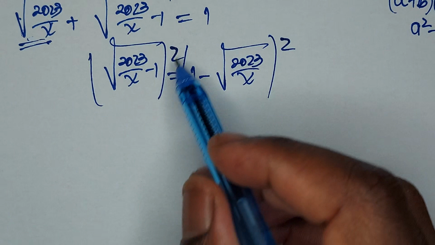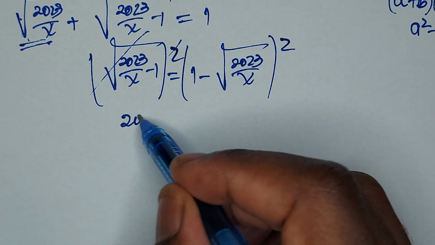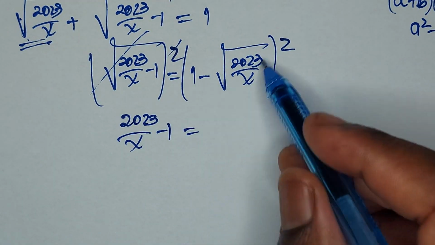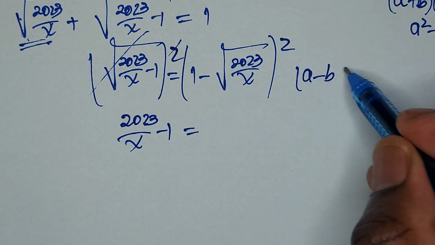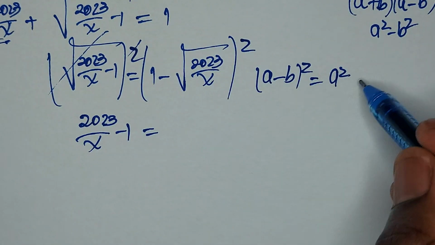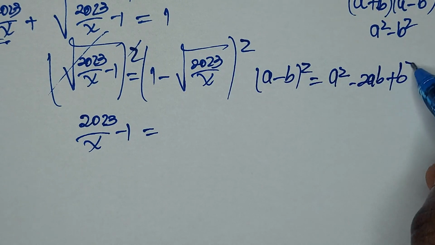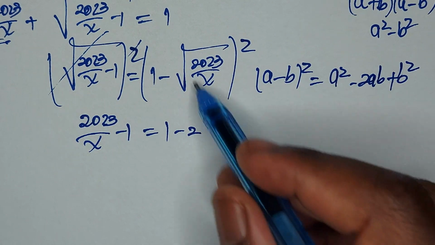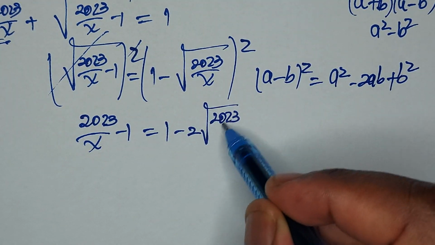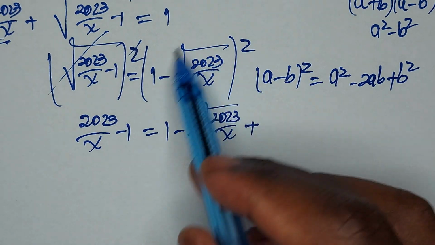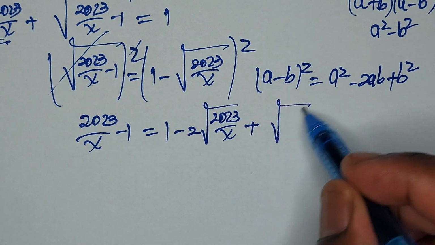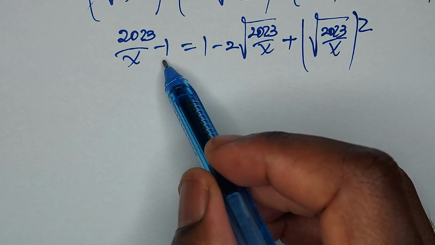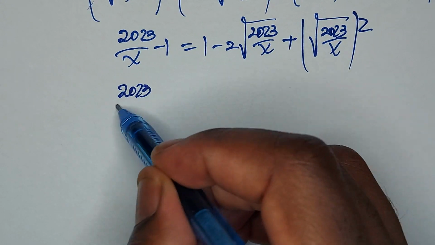So I'm going to have 23 over x minus 1, and this is going to be (a minus b) squared, which is a squared minus 2ab plus b squared. So this is going to be 1 squared, which is 1, minus 2 times 23 over x, and plus this term squared, which gives us 23 over x.